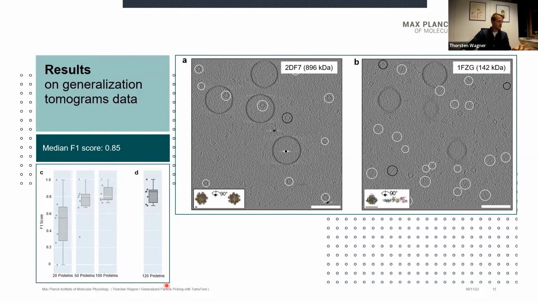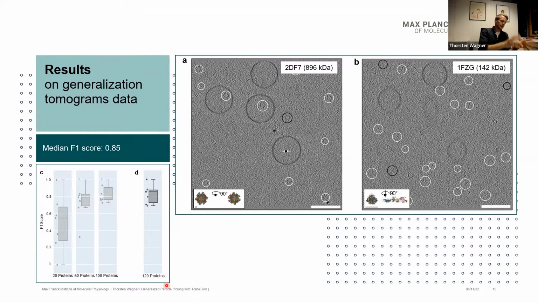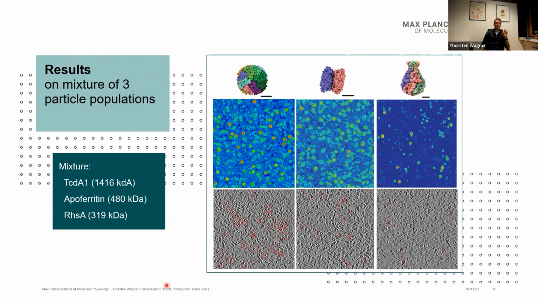But still, while this is at least not in the training data, it's still not super interesting because it's not real world data. So, or not real tomograms. So the next thing we did was we created a mixture of 3 particle populations.